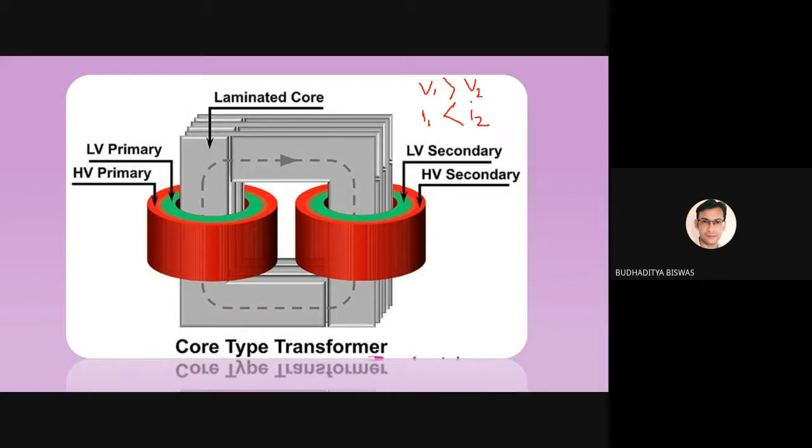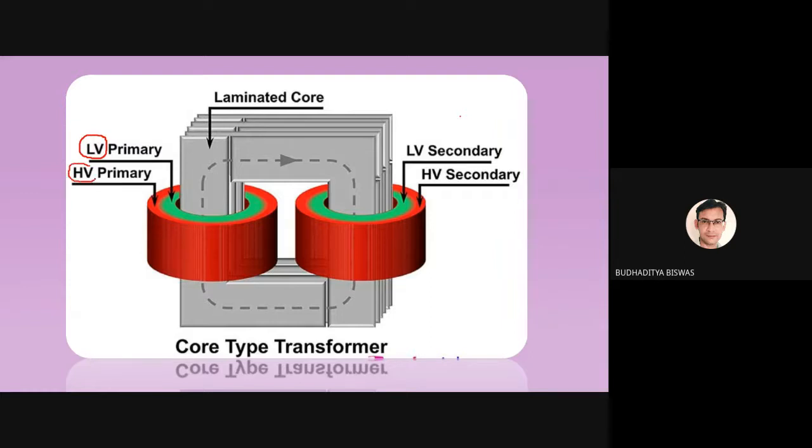So that means if the voltage is increased on some side, obviously the current will decrease on that side. Now, in case of low voltage winding, what about the current compared to the high voltage winding?